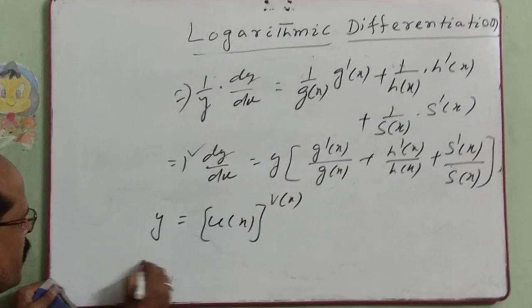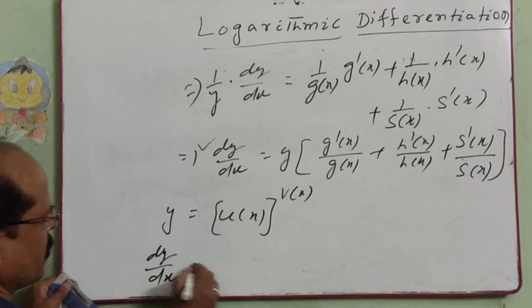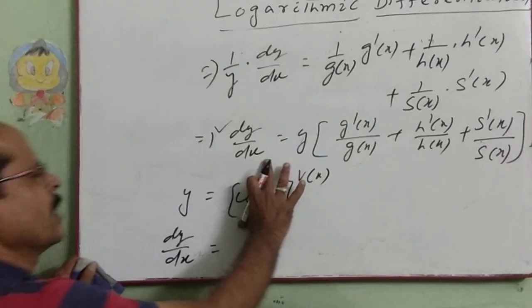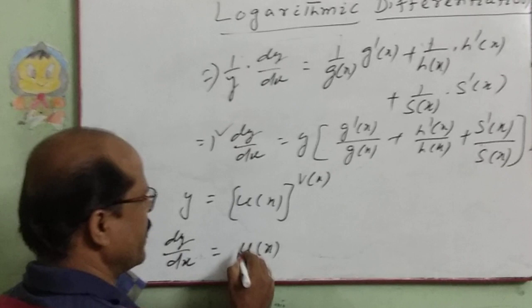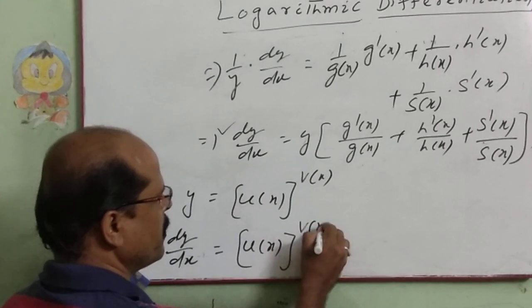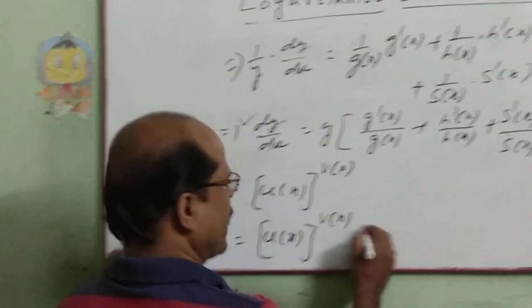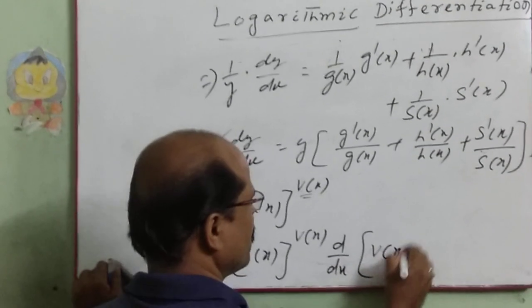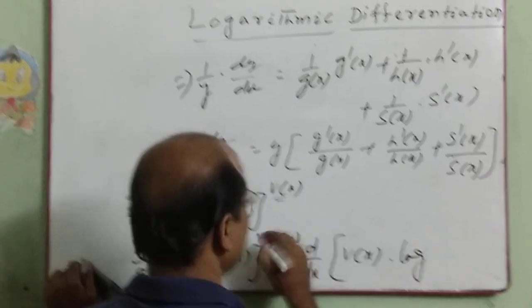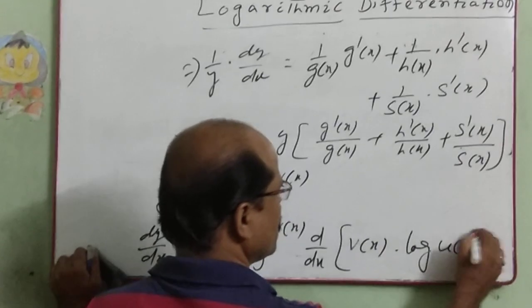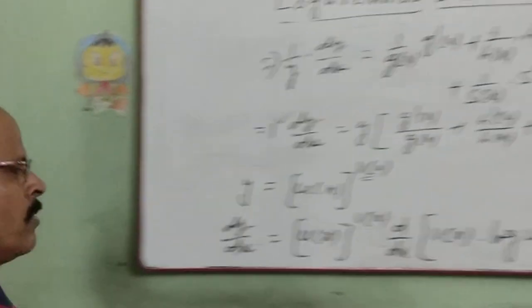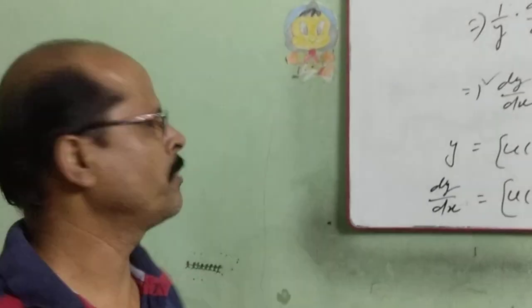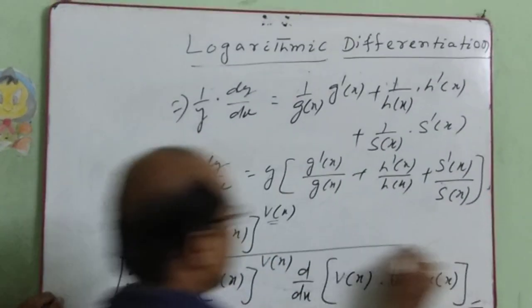I will say dy by dx equal to, you just write the question u of x to the power v of x, then write d by dx of exponent v of x multiply log base u of x. This is the short way to differentiate if the function is u of x to the power v of x. This is another formula.